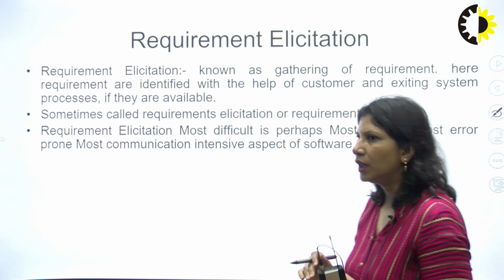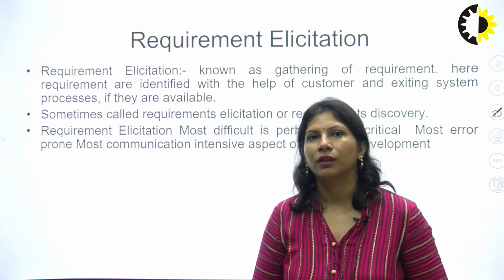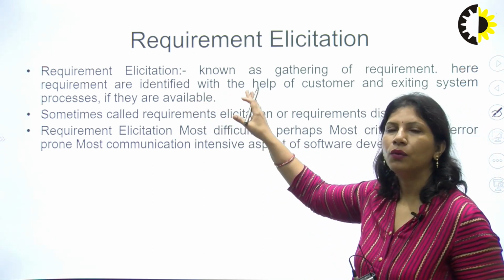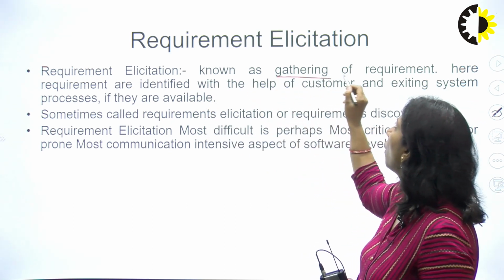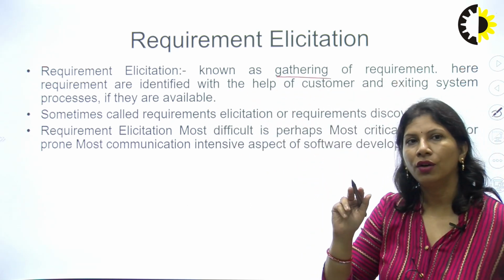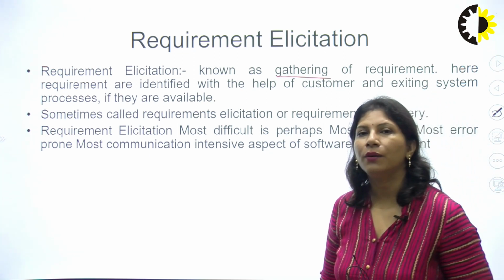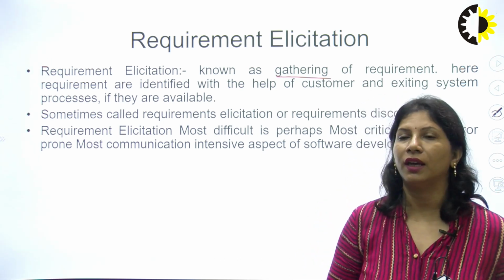Now coming to the first step of requirement engineering, that is elicitation. I have told you earlier, elicitation means the gathering of requirements. Here, the requirements are identified with the help of the customer and the existing system processes, if they are available.